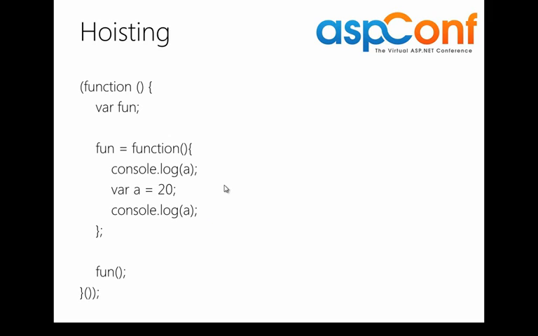Now, when we run this, what's actually going to happen is that the first log is going to log undefined. It will literally log undefined in terms of what you see in a console in Firebug or Chrome or something. Right, and it makes sense because at that point you haven't actually declared a, because var a equals 20 comes after that.